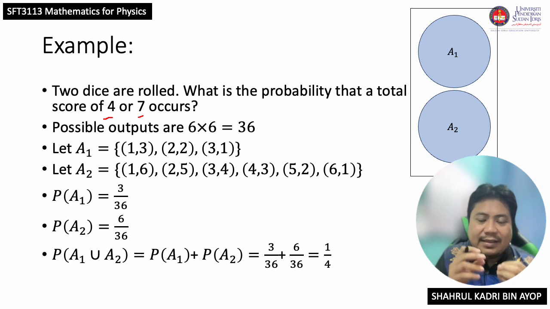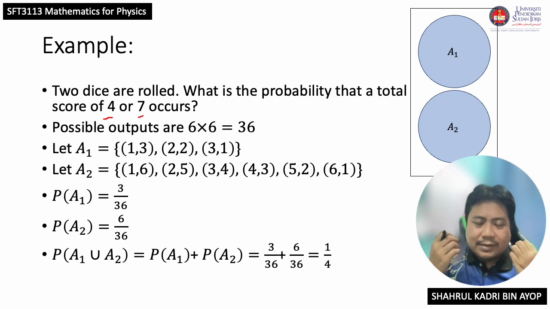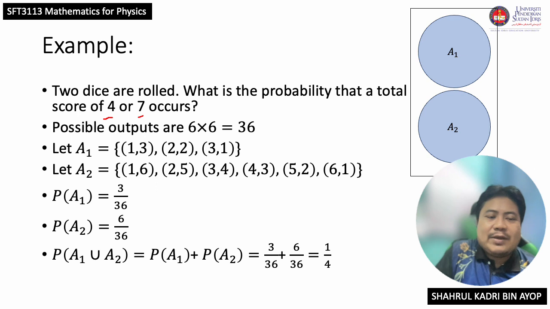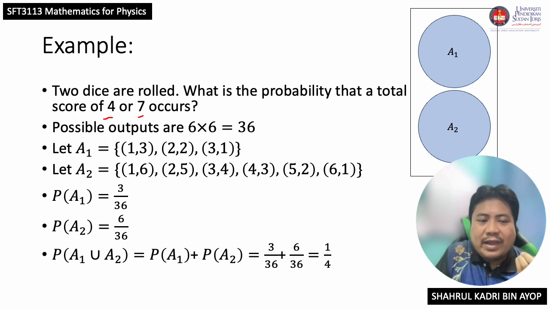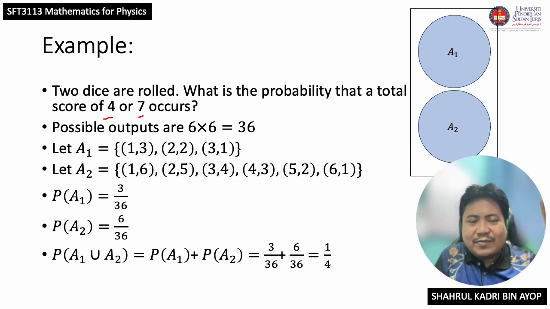In this case the two events occur mutually exclusively, because to have a score of 4 we must have the pair of dice be (1,3), (2,2), (3,1), and to have a score of 7 you have a different set of pairs. So event A1 and event A2 have no elements in common.